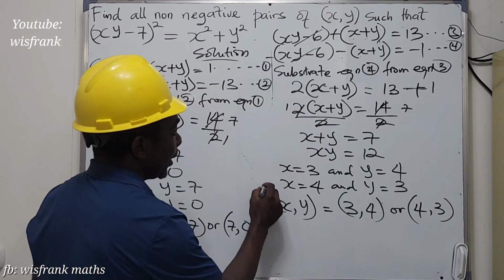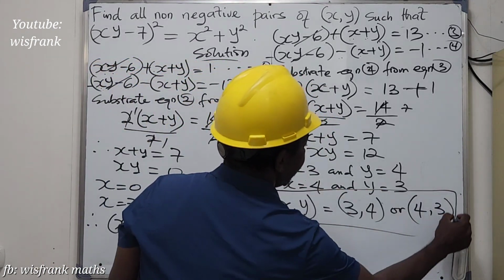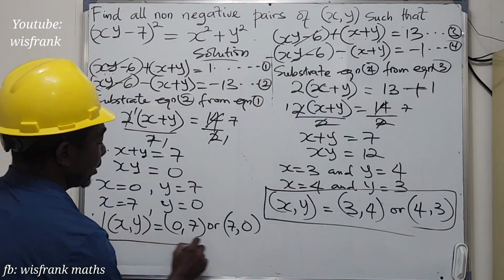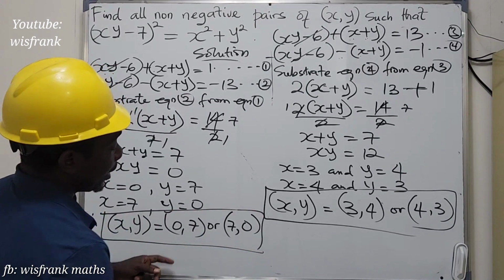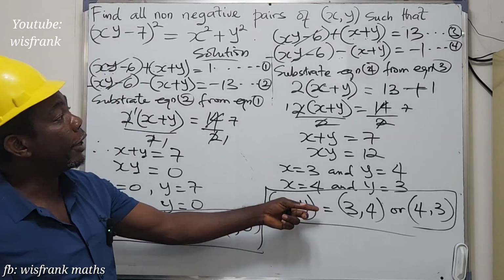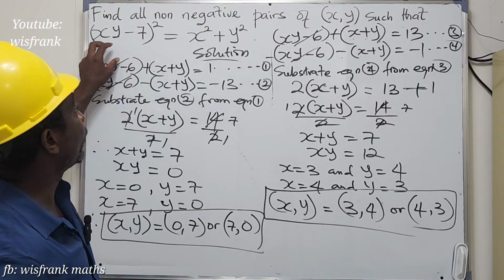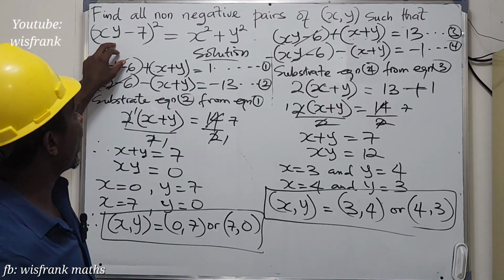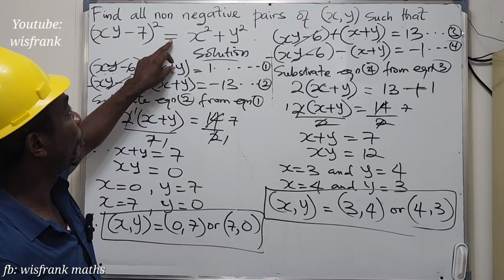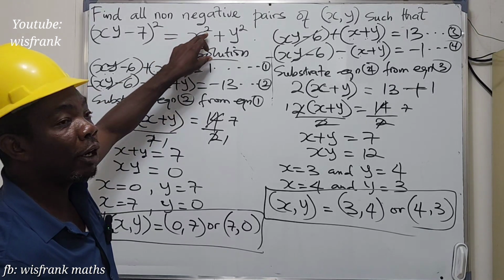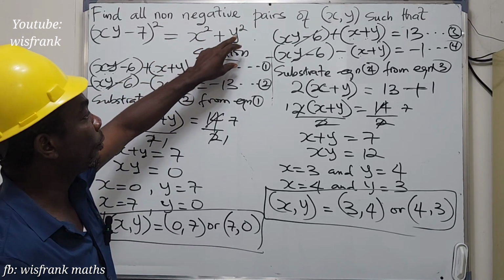So these are the non-negative pairs of x and y, and they satisfy the question that was asked. For this question, (xy - 7) to the power of 2 equals x to the power of 2 plus y to the power of 2.